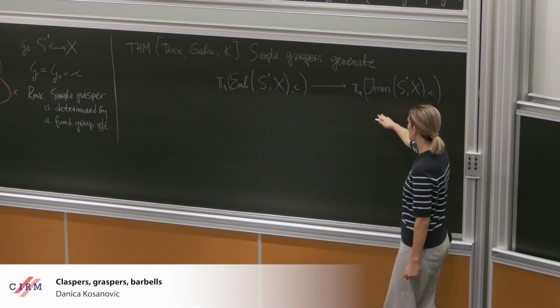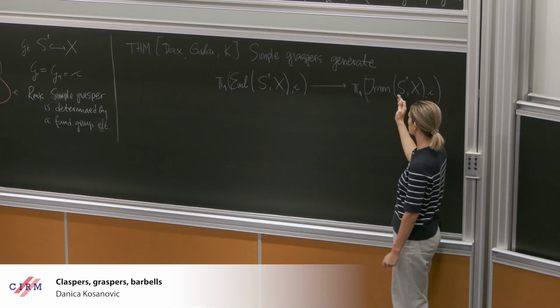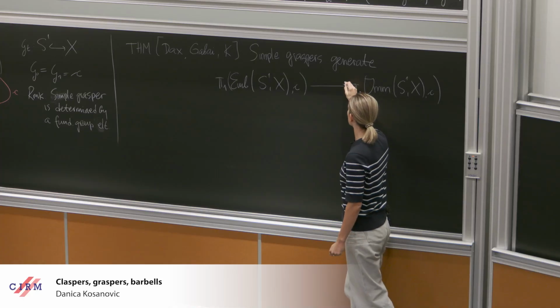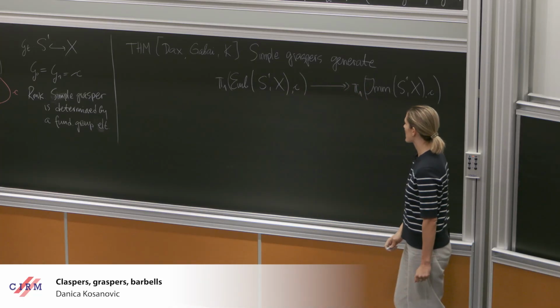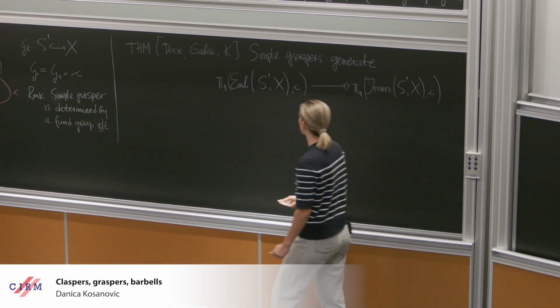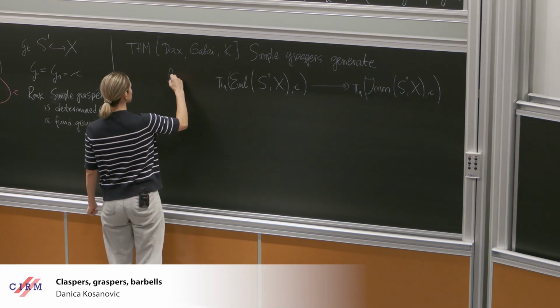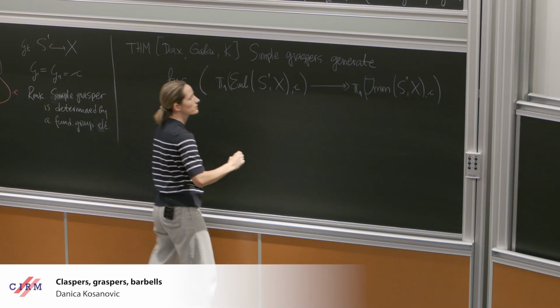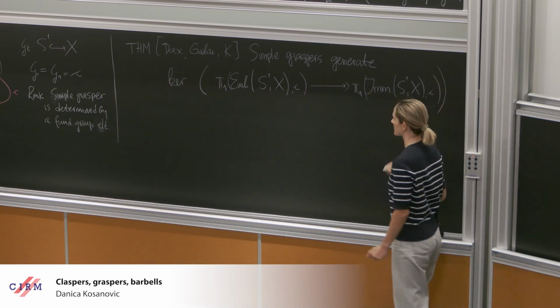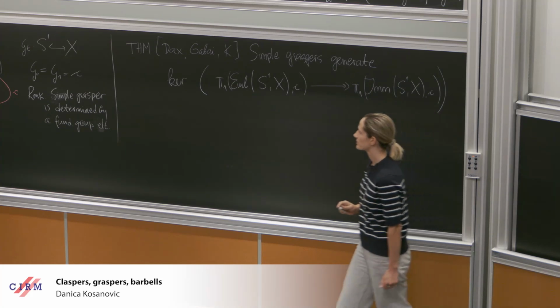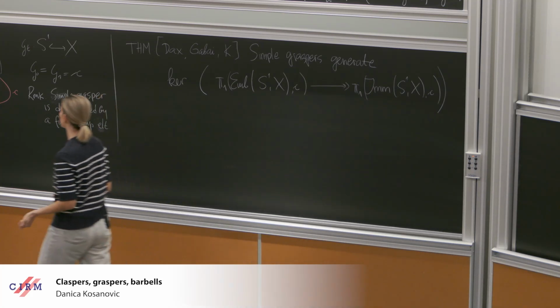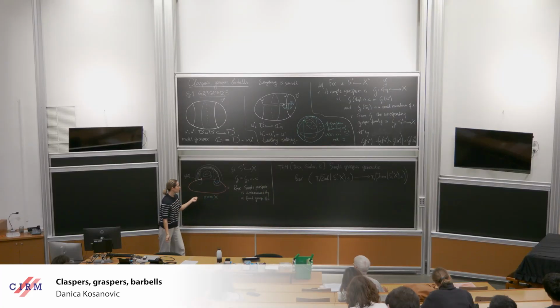And then it turns out that any one parameter family of immersions of circles, you can actually lift to embeddings. This map is surjective, but has some kernel. And the kernel is exactly generated by simple Graspers. So as an exercise, let's check that this is trivial in immersions.